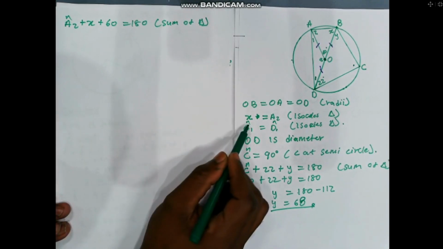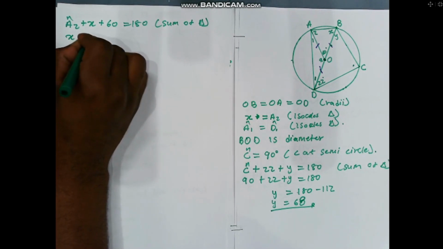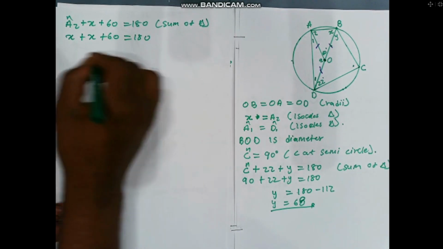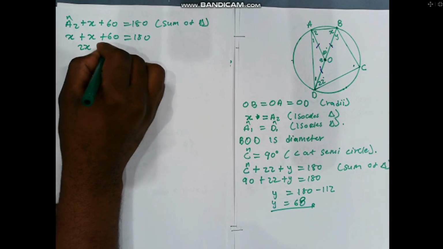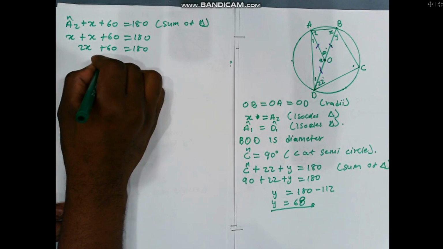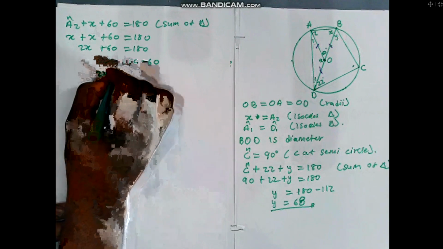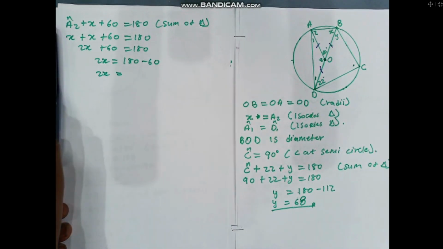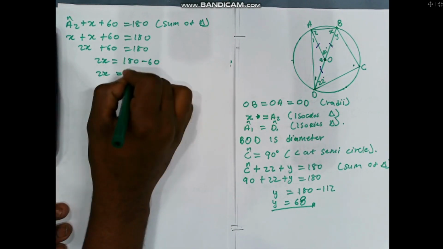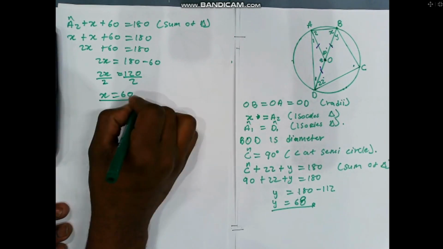But we know that x is equal to A2, so for A2 we can just put x, and x plus x plus 60 is equal to 180. x plus x is just 2x plus 60 is equal to 180. 60 to the other side, minus 60, 2x equals 180 minus 60, which is 120, divided by 2, x will be 60.